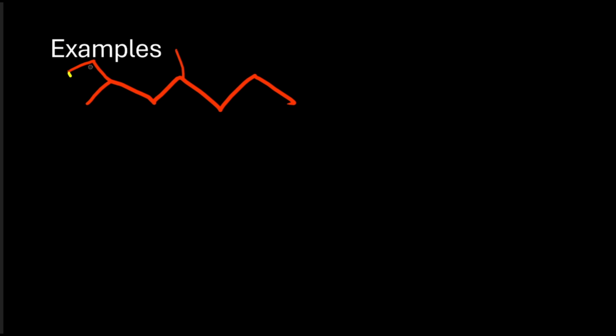We have 1, 2, 3, 4, 5, 6, 7, and then 8. And then let's start from this end. We have 1, 2, 3, 4, 5, 6, 7. So obviously 1 to 8 gives us the longest chain. An alkane with 8 carbon atoms is known as octane.